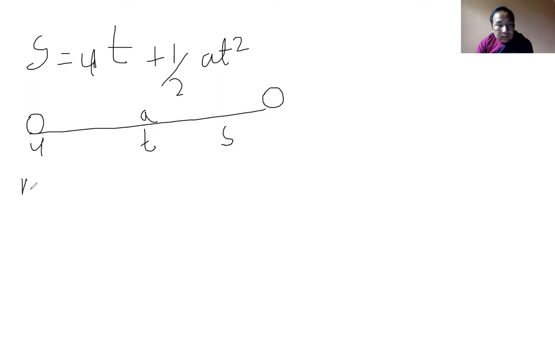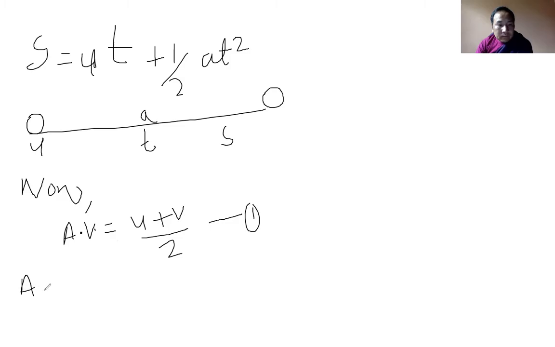Now average velocity. Average means mean velocity, so you add the velocities: u plus v, there are two velocities, so we add them, and since two terms are added, divide by 2. This is expression 1.